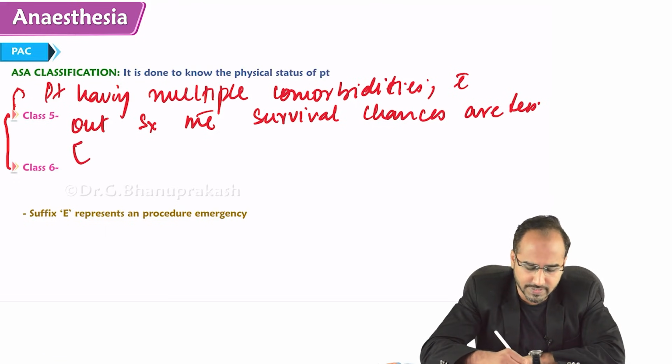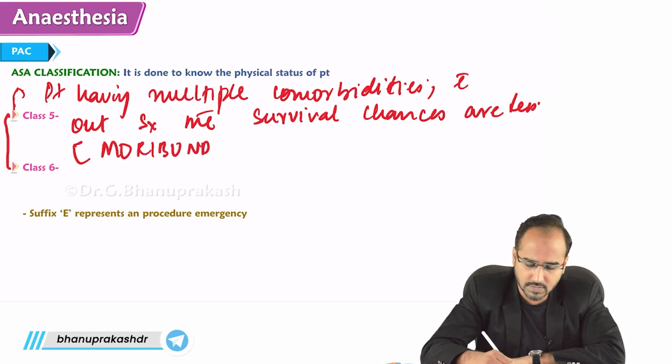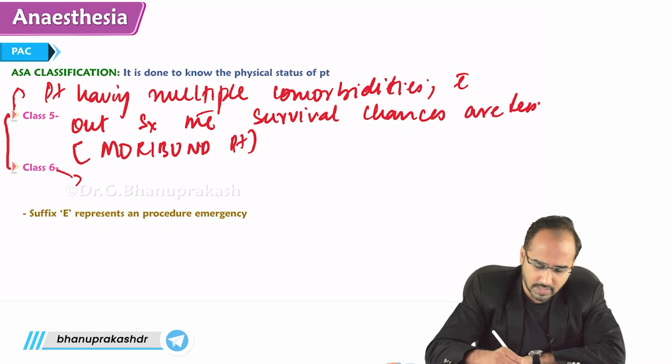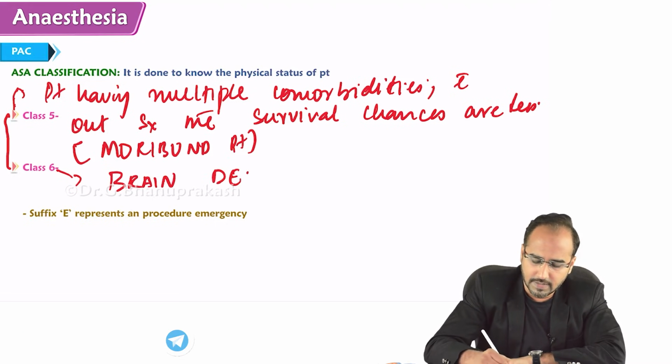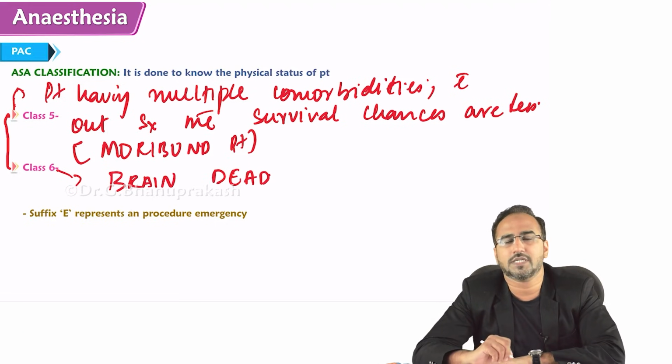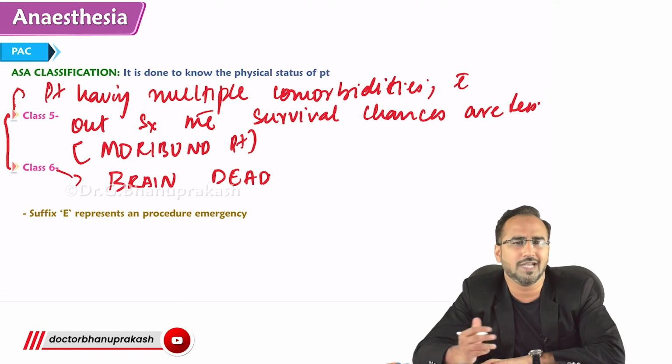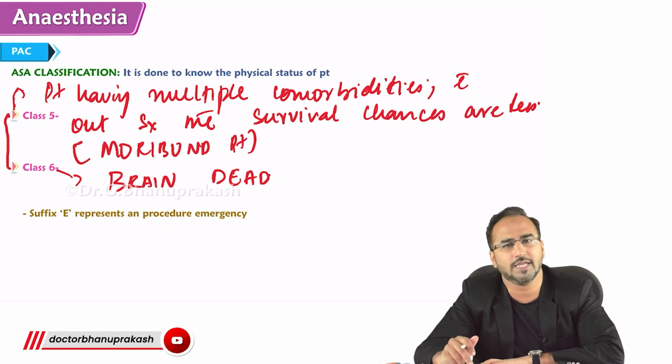This patient is also called what patient? Moribund patient. ASA 6 means what? Brain dead patient. ASA 6 means brain dead patient. Right? These two patients, will they come to you? A brain dead patient cannot move from the ICU.